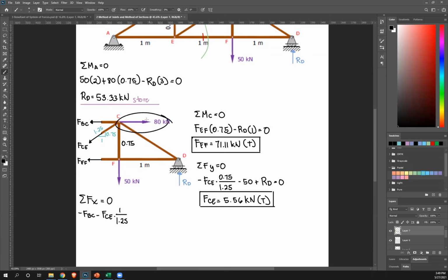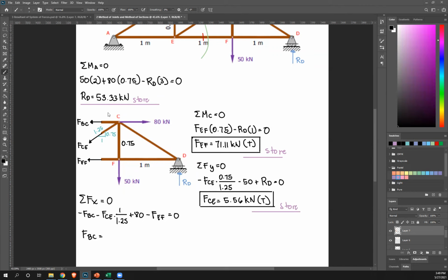We have 80 to the right, so plus 80. We have FEF to the left, so minus FEF equals 0. FEF is 71.11, FCE is 5.56. Once again, I urge you to store these values. Then you can solve for FBC. What's the answer?